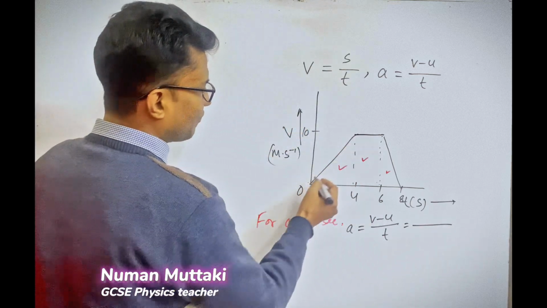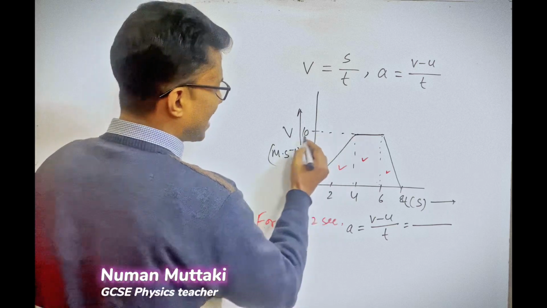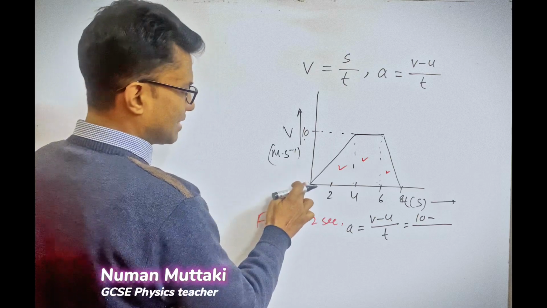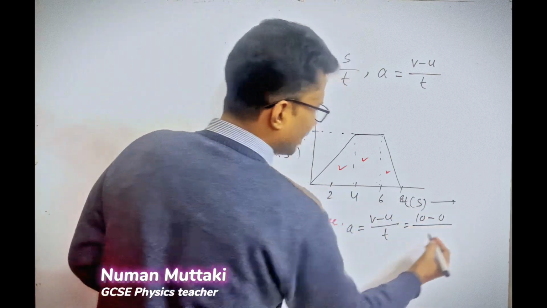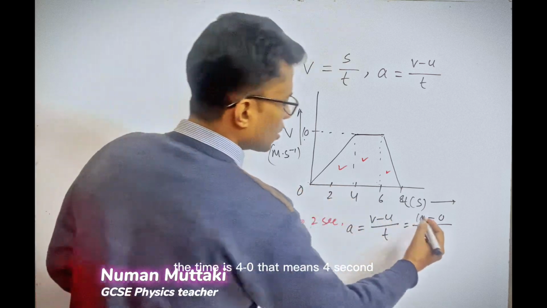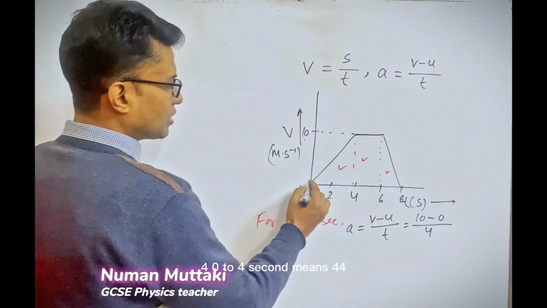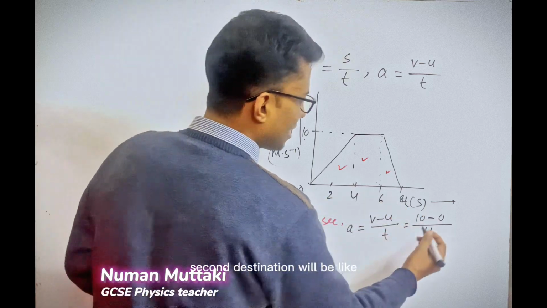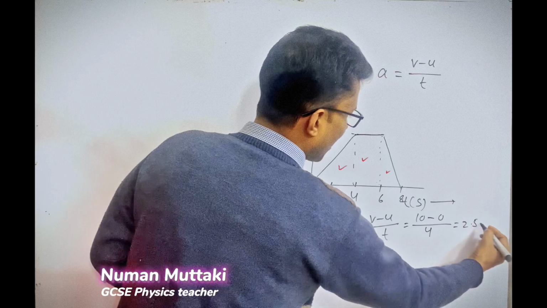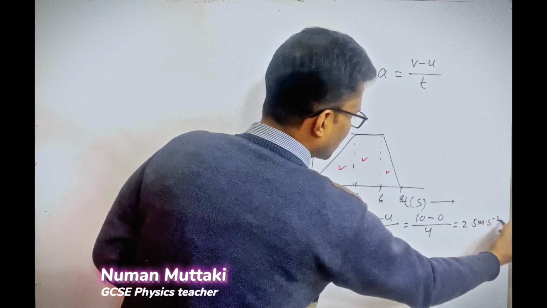For this line the final velocity is 10 meters per second, and the initial velocity is 0 meters per second, and the time is 4 minus 0, that means 4 seconds. For 0 to 4 seconds the acceleration will be 2.5 meters per second squared.